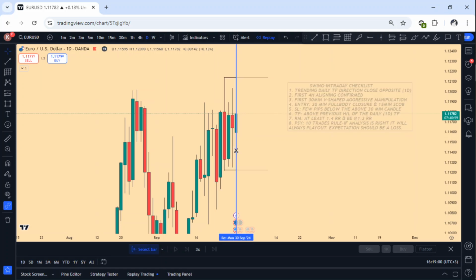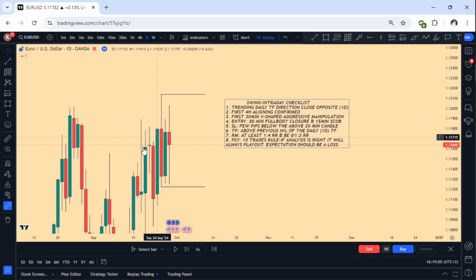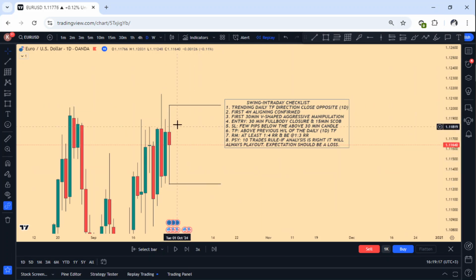So as you can see, what happened here is this: we have this other continuation that is not yet materializing, so we have to play with this. As you can see, this closed in the opposite direction when the market is still buying. So what do you do next?